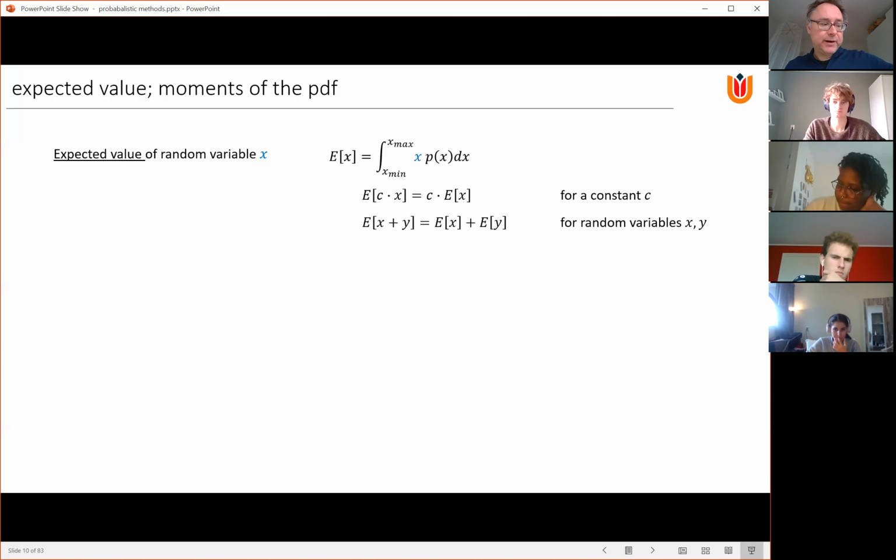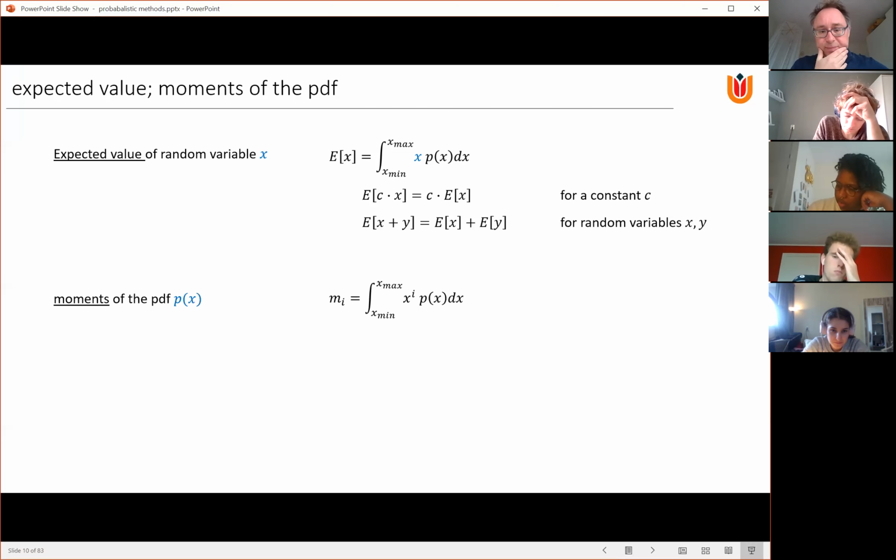Okay, some rules for calculations with expectation values. If you multiply x with a constant, then the expectation value just gets multiplied with that constant as well. So that's easy. If you have two random variables, x and y, then the expectation value of their sum is the sum of the expectation values. Also quite useful.